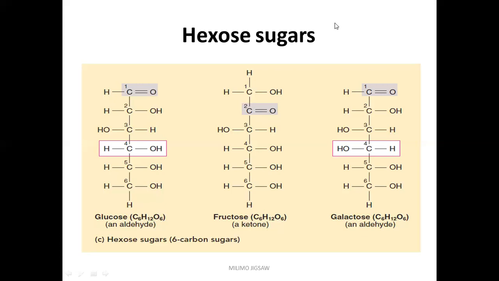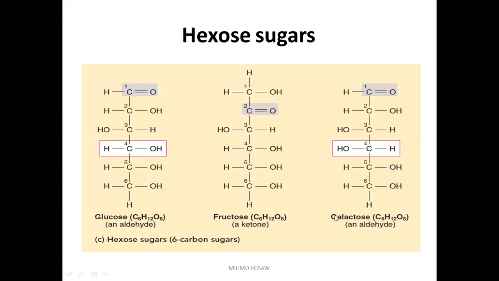So from the concept of isomerism, what type of isomer are glucose and fructose? I think stereoisomers. Stereoisomers, glucose and fructose.